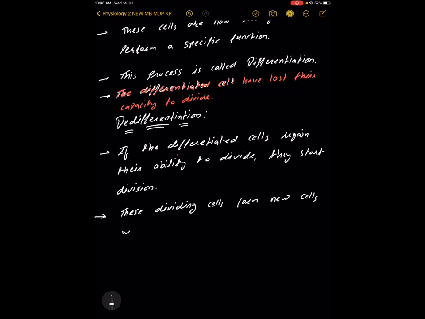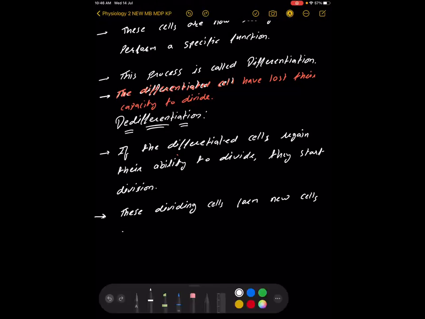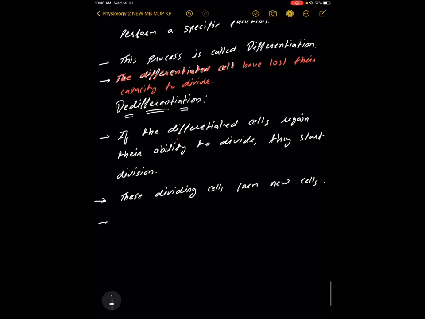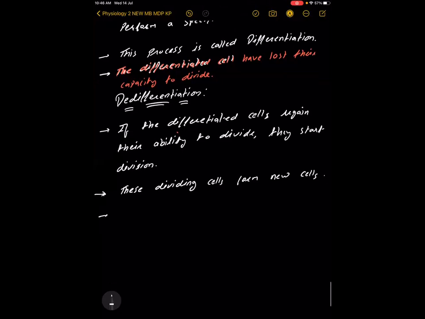So this conversion of differentiated cells into dividing cells is called dedifferentiation. So they regain their capacity.